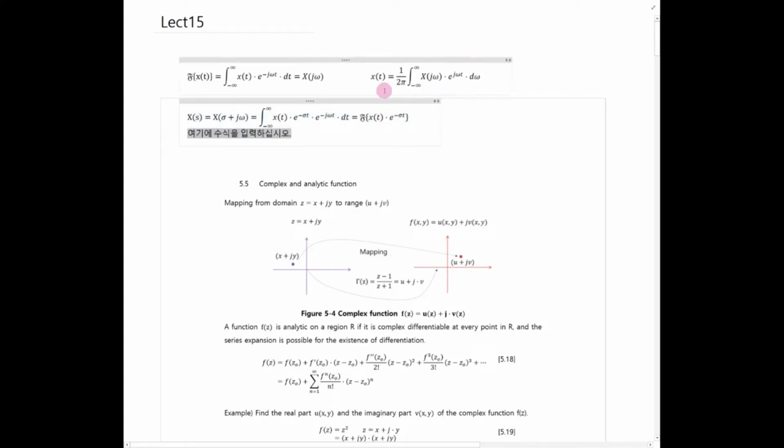By use of the inverse Fourier transform, we can express x(t) e to the minus sigma t equals 1 over 2 pi, integral from minus infinity to infinity, and we know that this one equals to this one, so X(s) is added here, and e to the j omega t d omega.